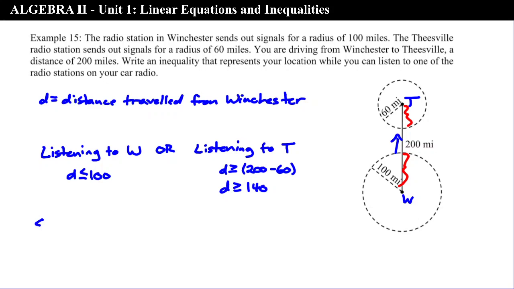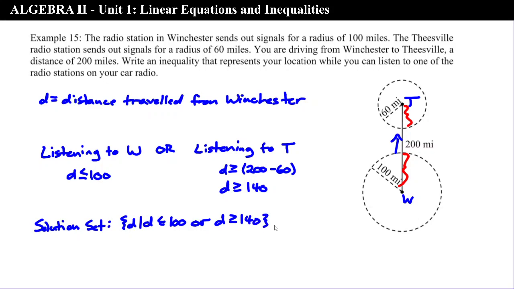And so our solution set, which is what they ask us for, would be the set of all distances such that the distance is less than or equal to 100, or the distance is greater than or equal to 140.